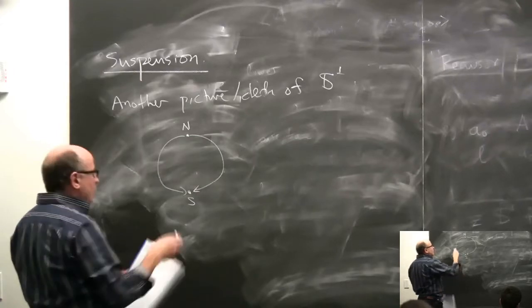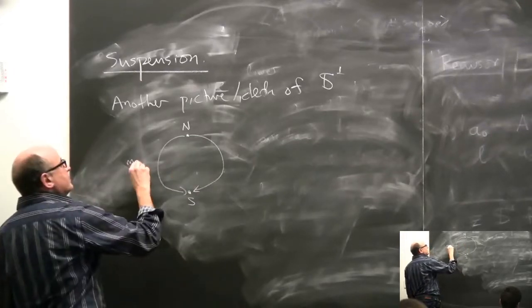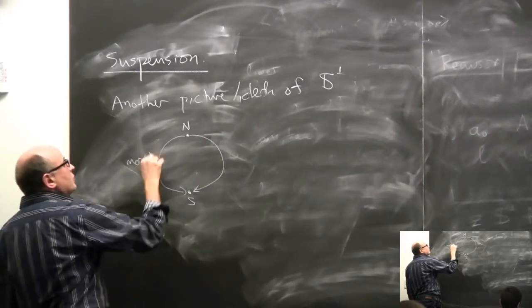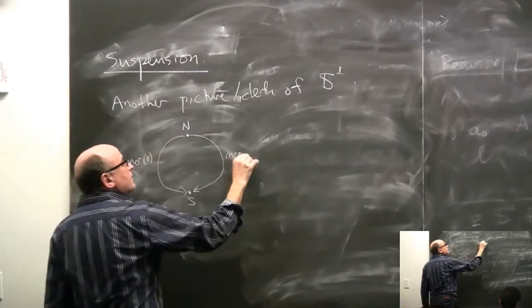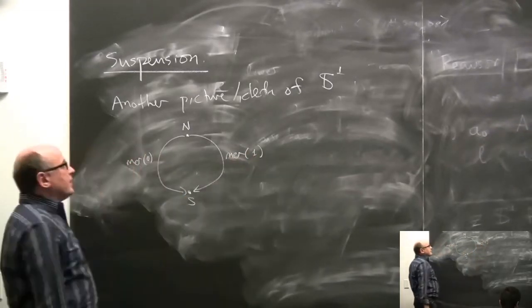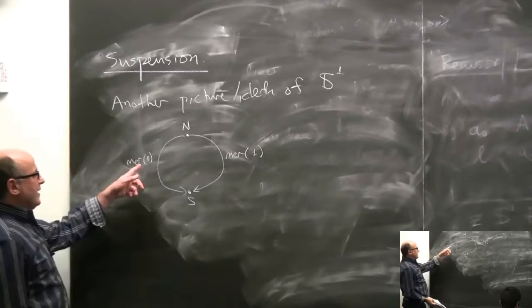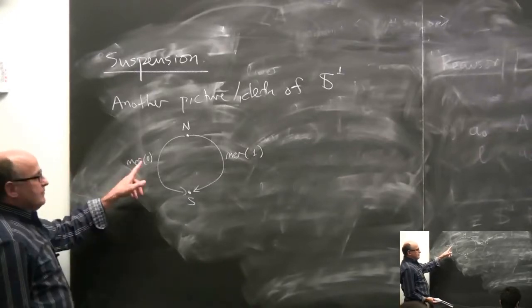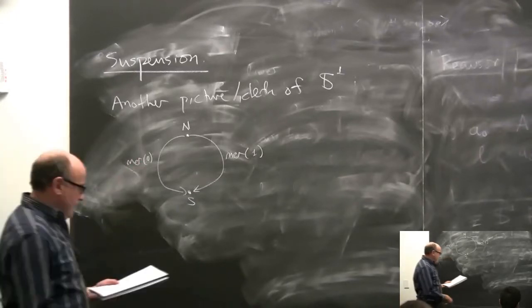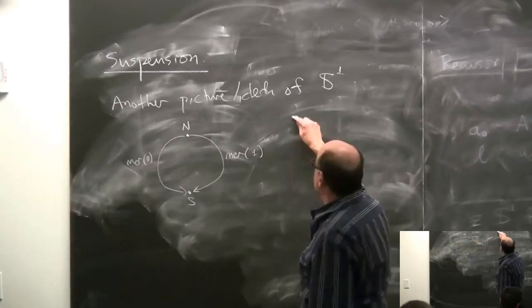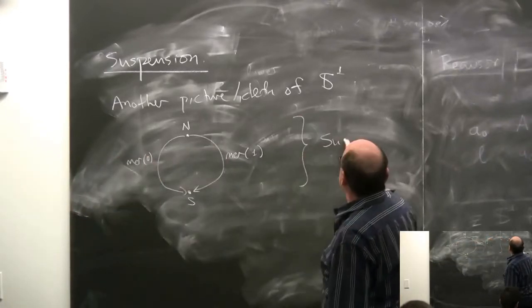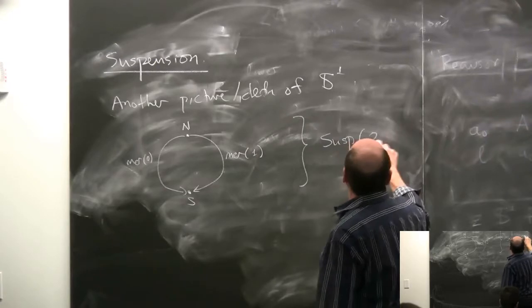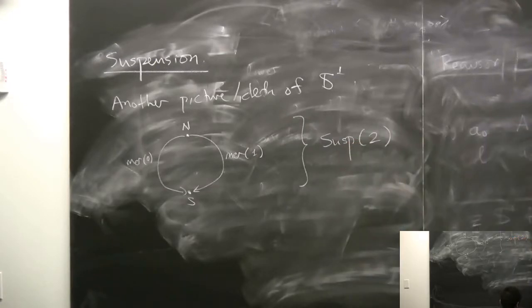And we're going to have two things which are called the meridians. I'll call them meridian of 0 and meridian of 1. There's a reason to do that: I want to define them as a function of this underlying type 2. I'm going to use a different notation than in the book, because it's a little culture clash.